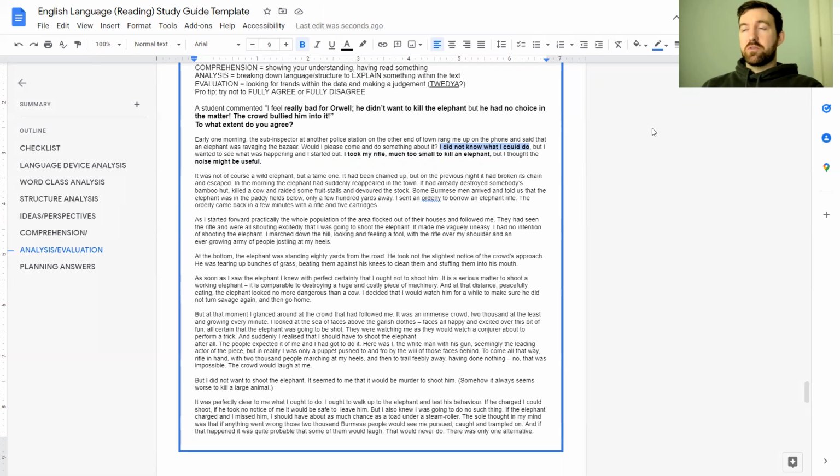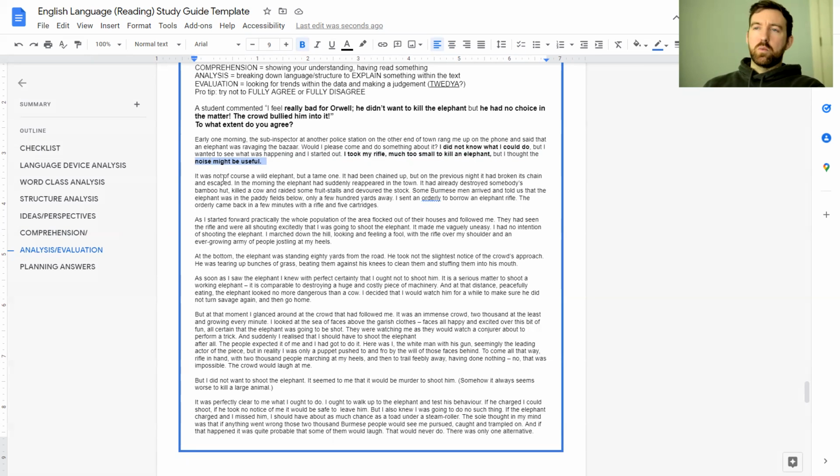All right, so straight away it seems like he's vulnerable. He doesn't have a clear idea on this. He took a rifle which he believed was too small to kill an elephant. So again, this doesn't seem like he intended to kill the elephant at this point, right? But that the noise might be useful. So we get this idea that the reason he's doing it is not to kill the elephant, it's to scare the elephant away.